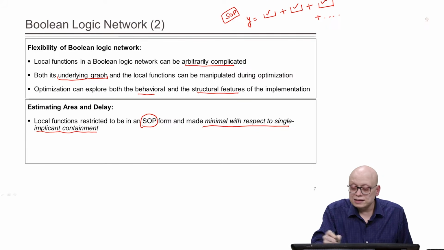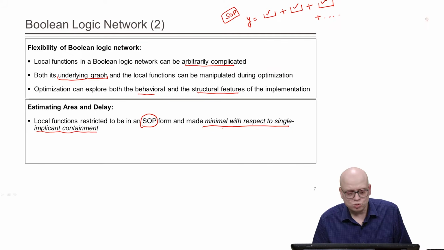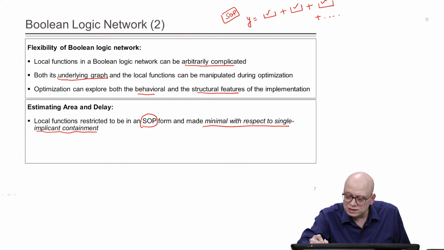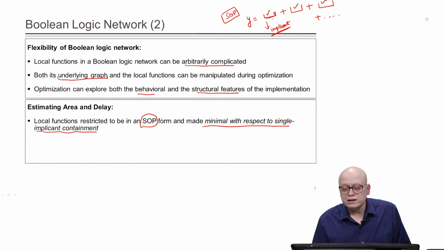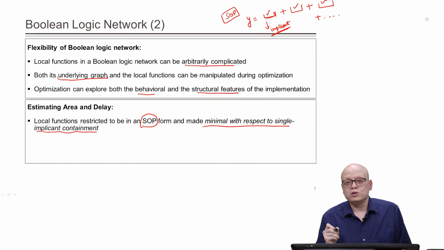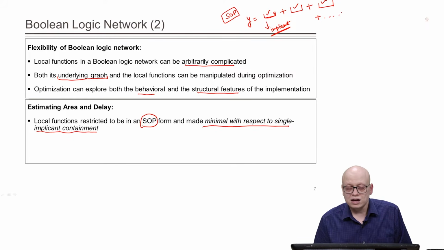Now, we say that this SOP representation will be minimal with respect to single implicant containment, meaning we consider these product terms as implicants. We had discussed the definition of implicant in the last lecture. If we consider these as implicants, then none of these implicants should be contained by any other implicant of this SOP representation.